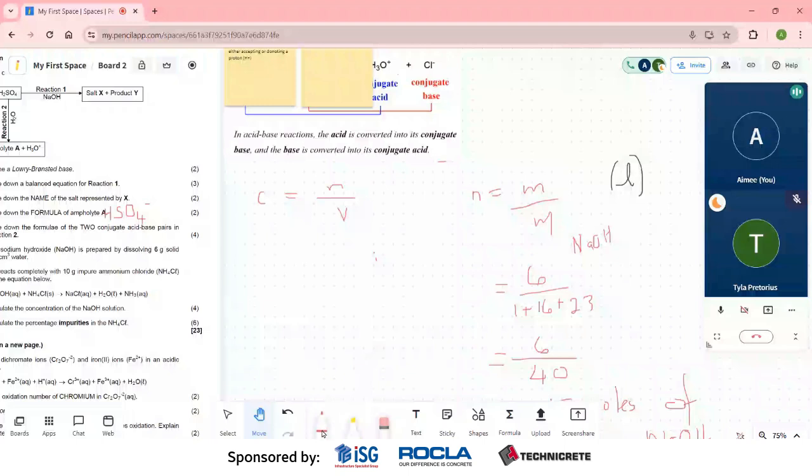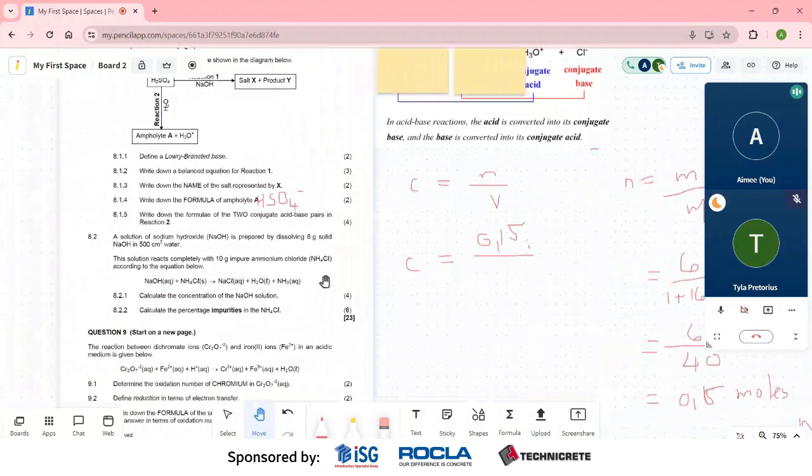So I say, okay, cool, 0.15 moles over my volume. Remember your volume needs to be in decimeters cubed. We've got it in centimeters cubed, so we need to divide by 1,000 to give us 0.5 decimeters cubed.